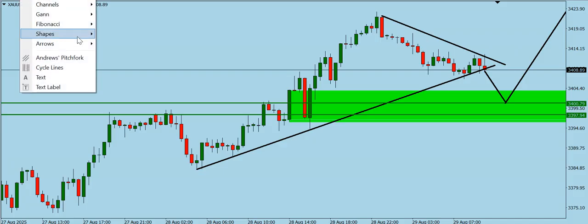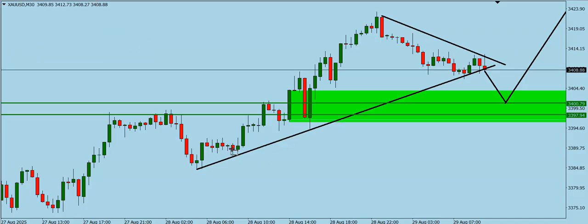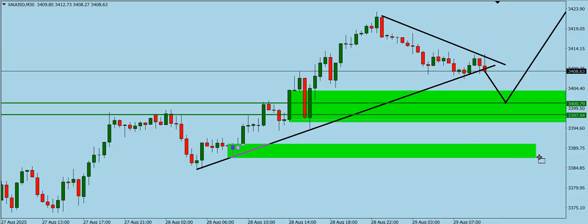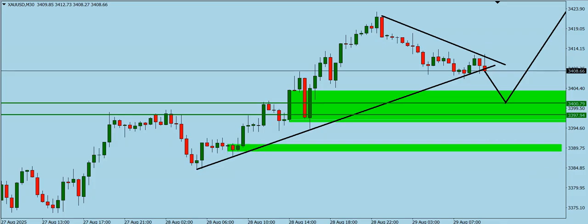Then we have another block on the 30 minutes time frame, and that's at the 3390 level. Buyers are lined up around that level to push price up.